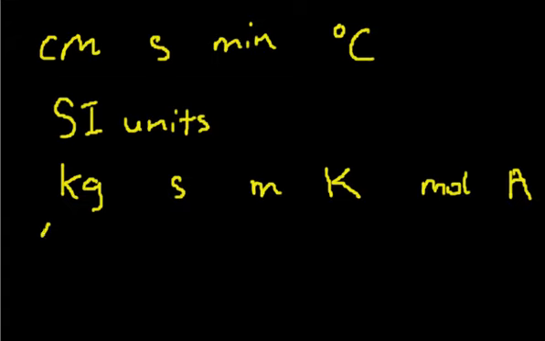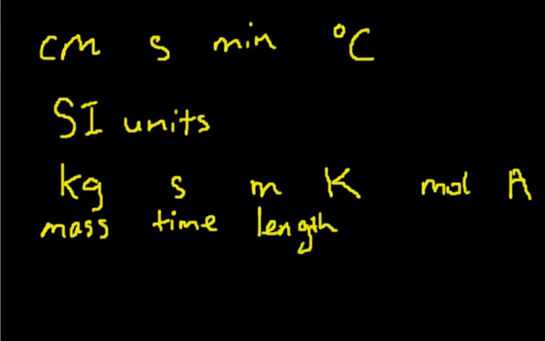Kilogram is for mass of a substance, of an object, whatever. Seconds is for time. Meter is for distance, for length. Alright. Kelvin is for temperature.